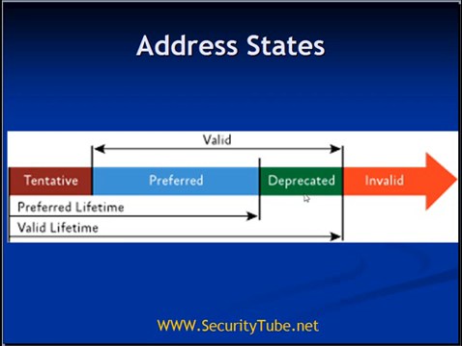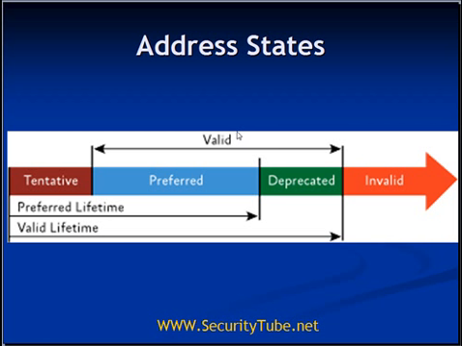Instead, a new address will be derived either from router advertisement or from a DHCP server. For what amount of time the address will be deprecated is again mentioned in the router advertisement message when the address was assigned.